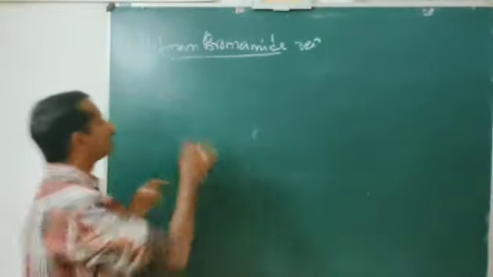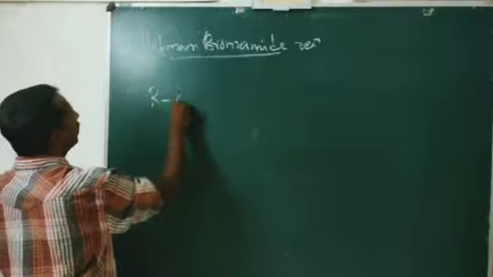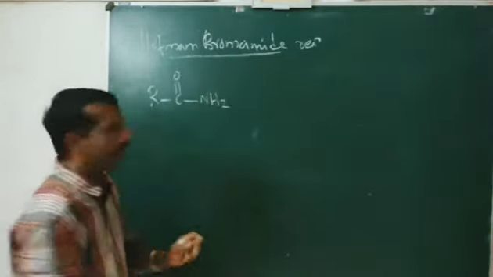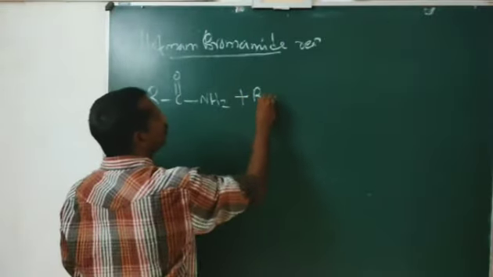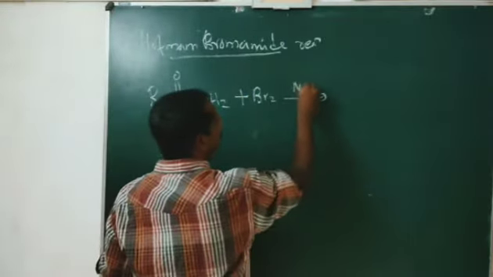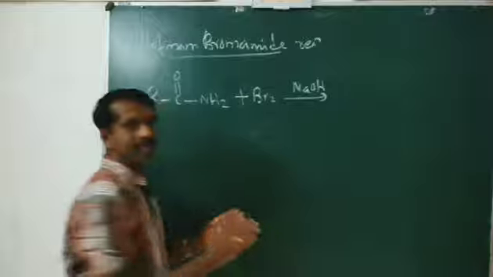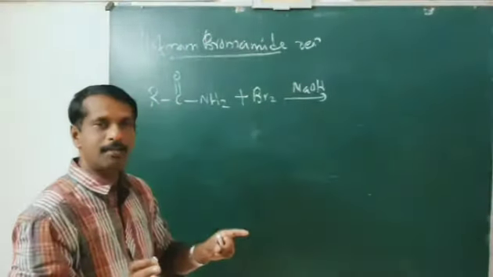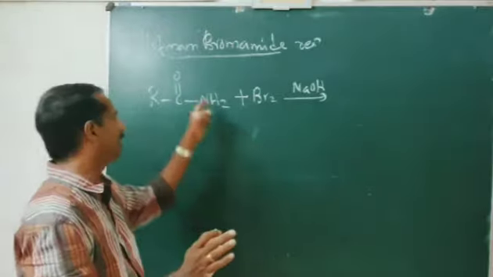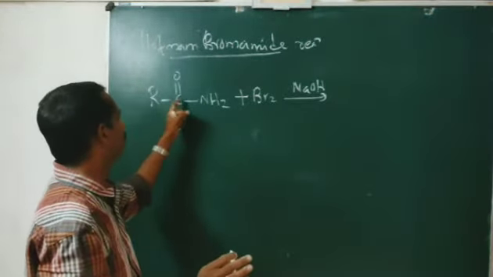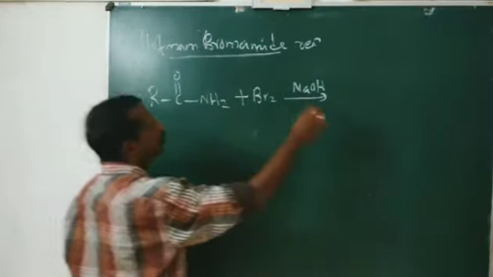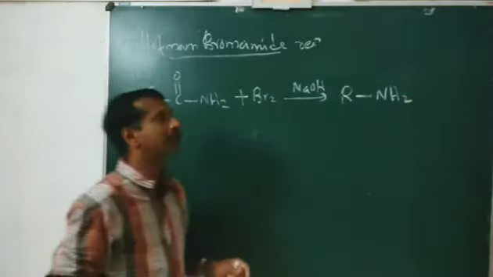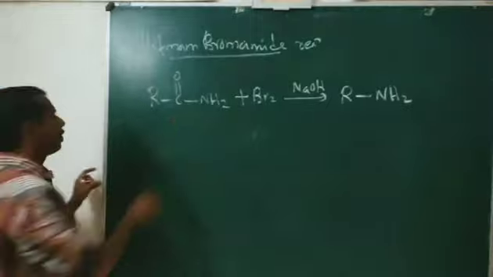Once again, RCONH2 reacting with Br2 in presence of NaOH gives RNH2. This reaction is known as the Hofmann bromamide reaction.